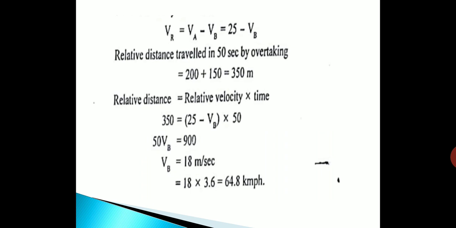Now, what are the probable mistakes you can make in this? Firstly, while writing the relative velocity equation, if you take VB minus VA, then the equation becomes 350 is equal to (VB minus 25) into 50, and that 25 multiplies with the 50 and goes to the left hand side, and you will get a value which is not 900 but more than 900.